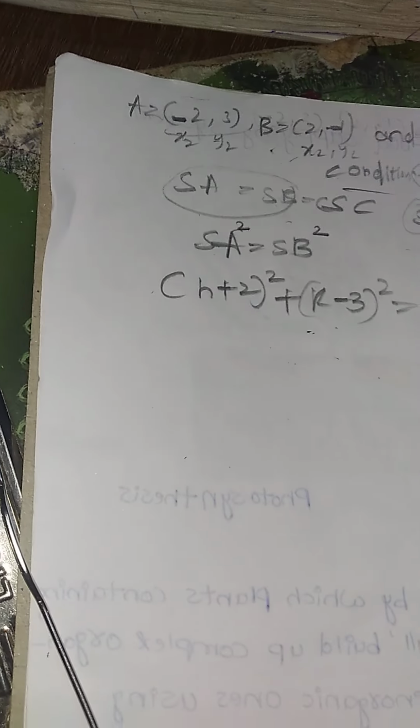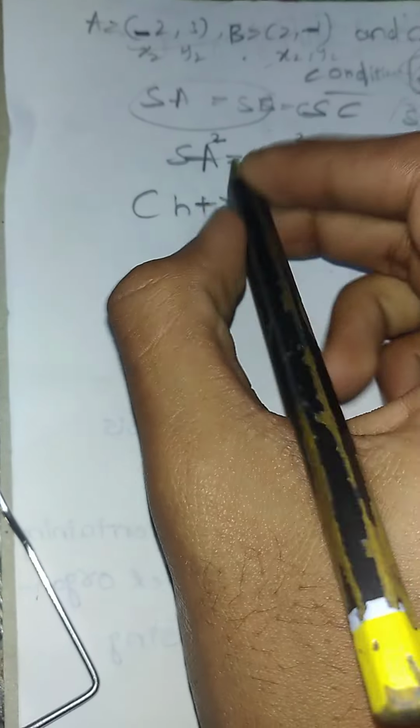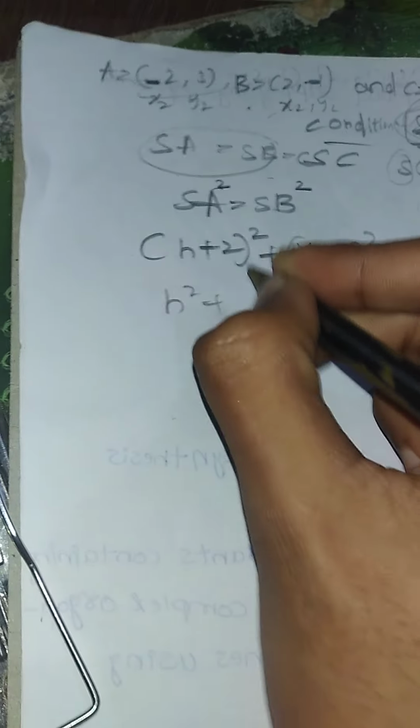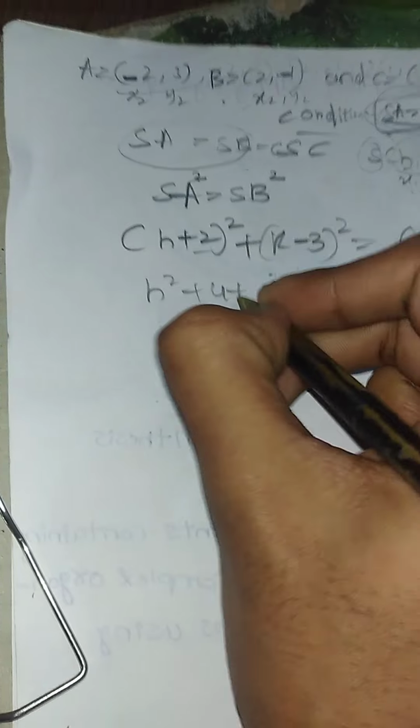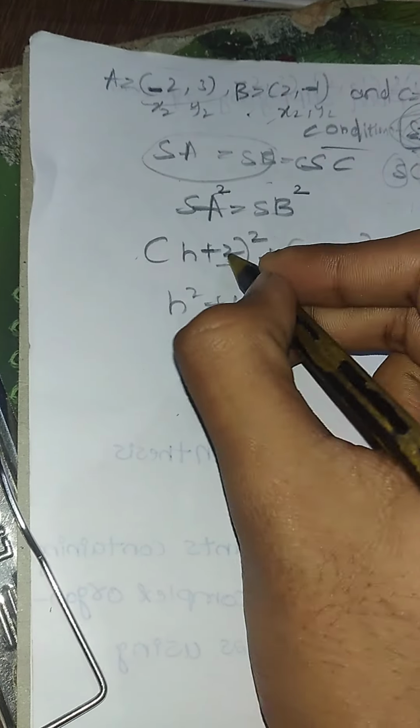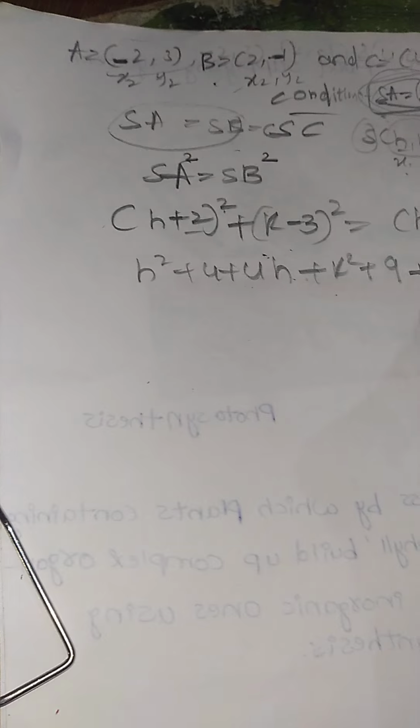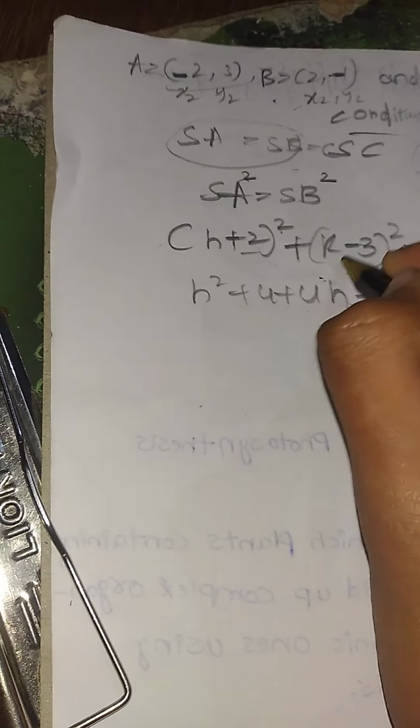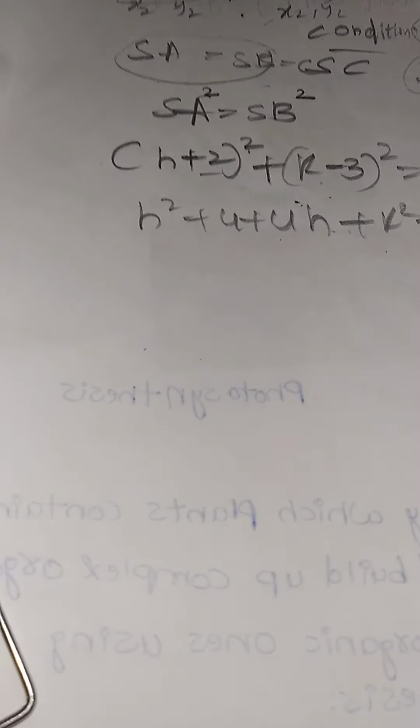h plus 2 whole square is nothing but a plus b whole square. A plus b whole square's formula is a square plus b square plus 2ab. That means h square plus 4 plus 4h. Similarly, k minus 3 whole square is a minus b whole square, that means a square plus b square minus 2ab.